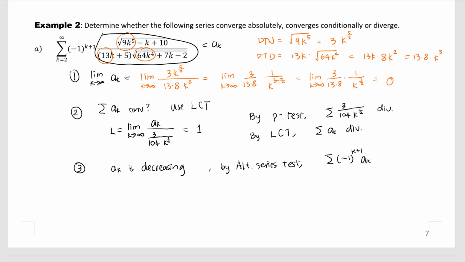So the alternating series converges. Because the alternating series converges but the series of a sub k diverges, that's why we answer the alternating series converges conditionally.